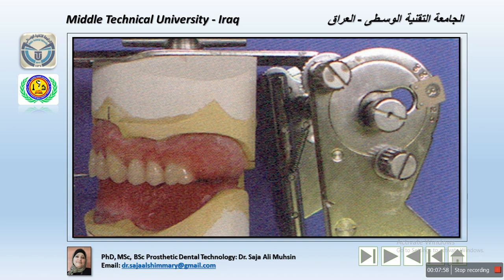The steeper the angle, the steeper the compensating curve needs to be. The curve of Spee, the curve of the posterior teeth, should match the condylar angle to maintain the contact between the teeth in a protrusive excursion.